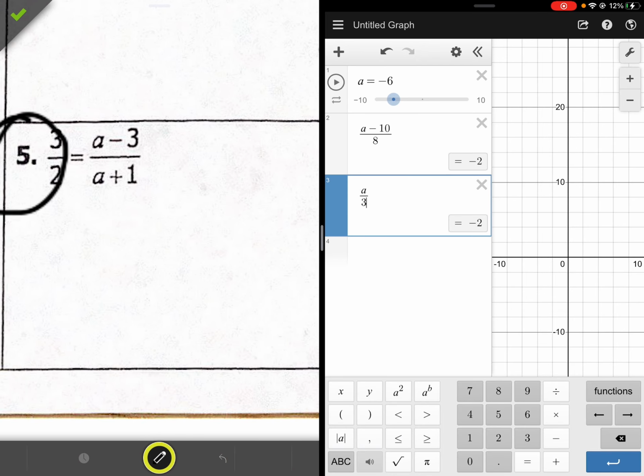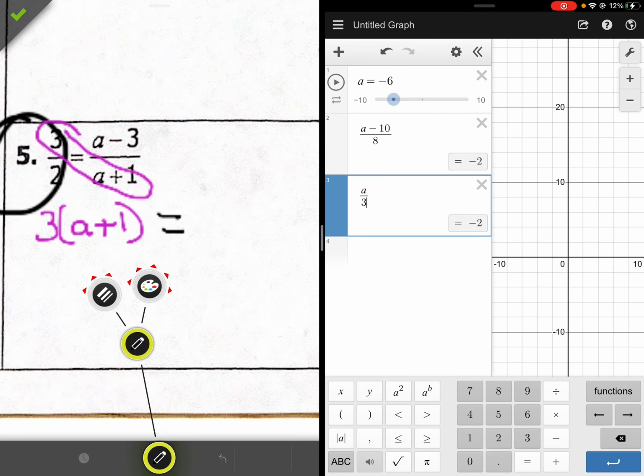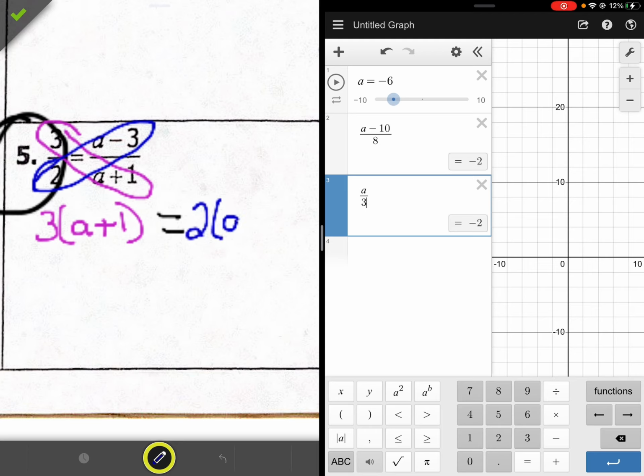All right, last one that I asked you to do by yourself. 3 times a plus 1. Again, the a plus 1 goes in parentheses because it's more than one thing. Then I put my equals. And then I'm going to do the other part of the cross multiply. 2 times a minus 3. Again, a minus 3, get it in parentheses.